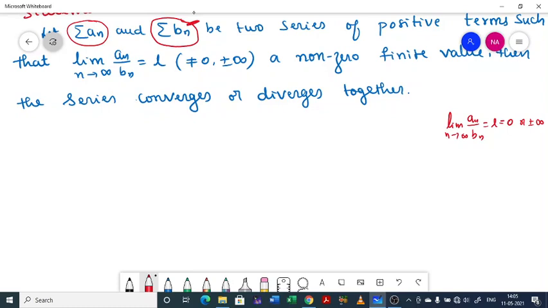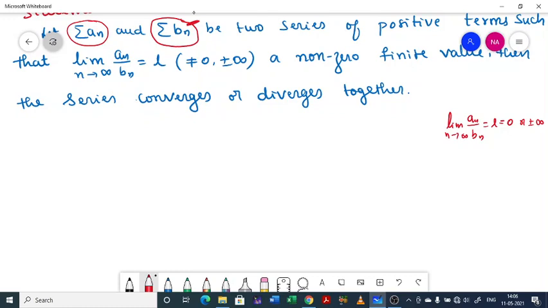Then you have to check the limit of an by bn as n tends to infinity. If it is equal to a non-zero finite number, then both the series converge or diverge together. That means if summation bn converges, then summation an also converges. If summation bn diverges, then summation an also diverges.